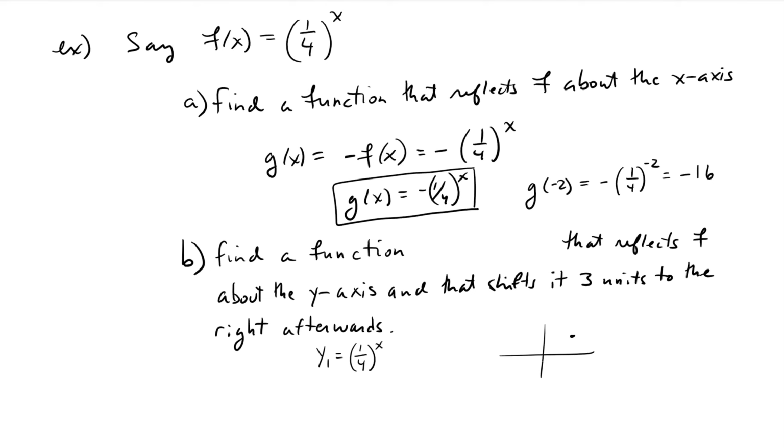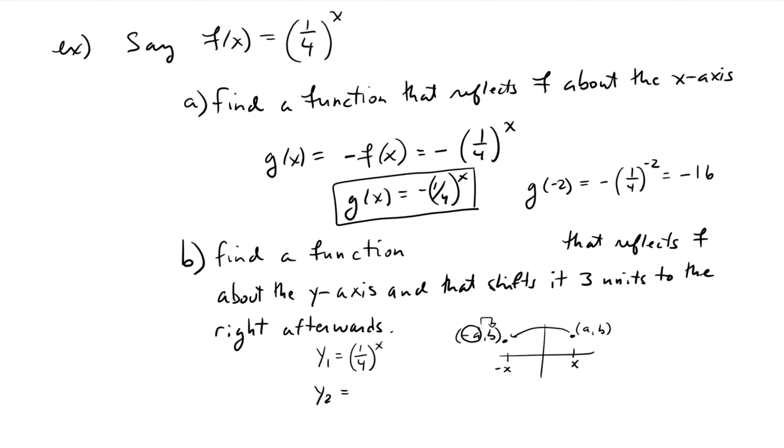So by reflecting about the y-axis, if you've got a point (a, b), you reflect about the y-axis, it has to become (minus a, b). So in other words, now minus a will have the same y value as a had before. Or if you prefer, minus x will have the same y value that x had before. So you want to replace x by minus x.